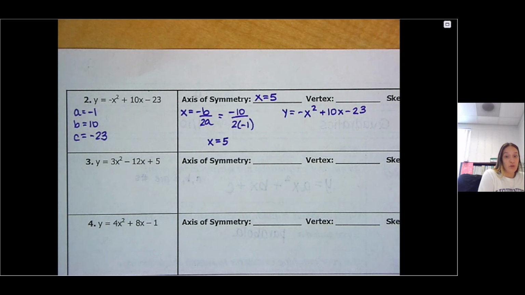From that same number two, what did you get for your X value? I got 12 over 10. No, it's 2 times A. You did 2 times C. Oh, okay. That's why.